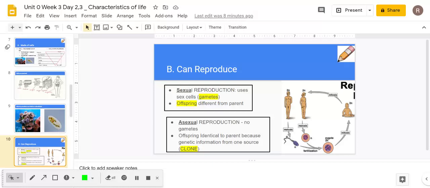So if I clap my hands, a bunch of my hand cells are falling off and dying. Now, why don't I have a gaping hole in the middle of my hand from touching the table and touching my computer and clapping my hands? It's because my hand cells are constantly asexually reproducing, making clones of themselves.